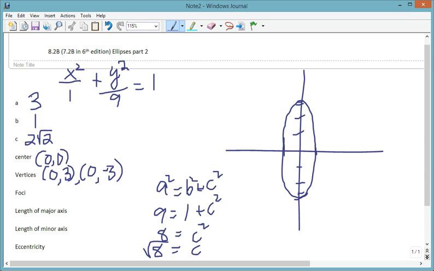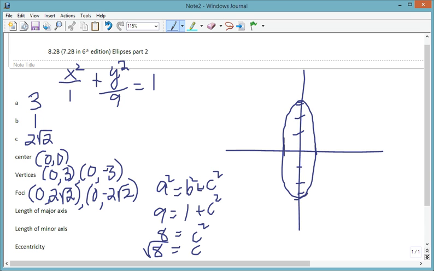And the foci go along with the c, right? The foci are always on the major axis, and so are the vertices, right? So you know it has to go up on the major axis. So it's going to be over 0, up 2 root 2, and over 0, down 2 root 2.